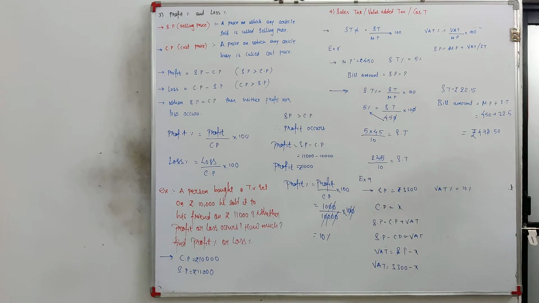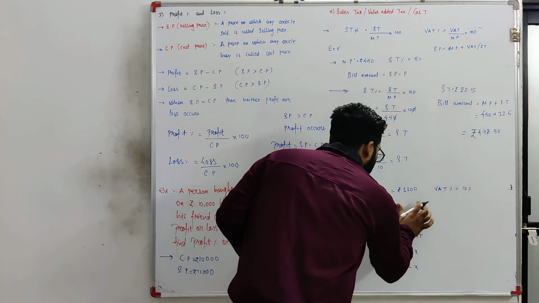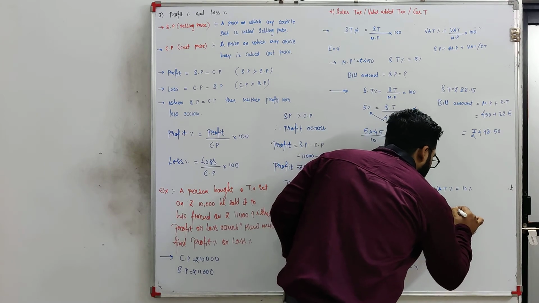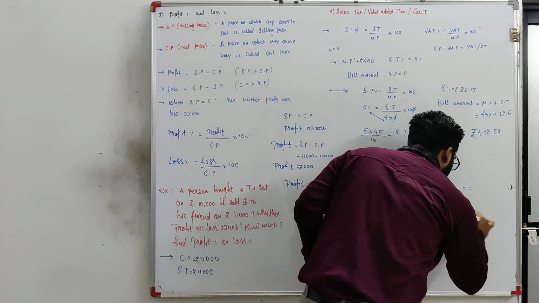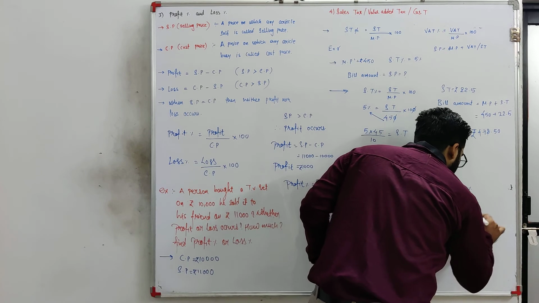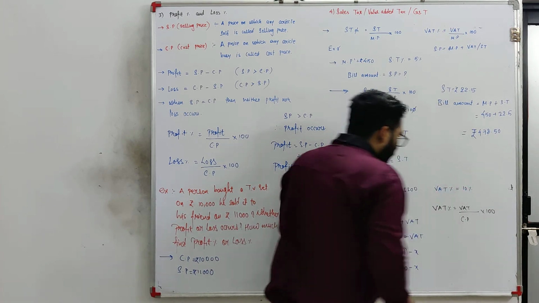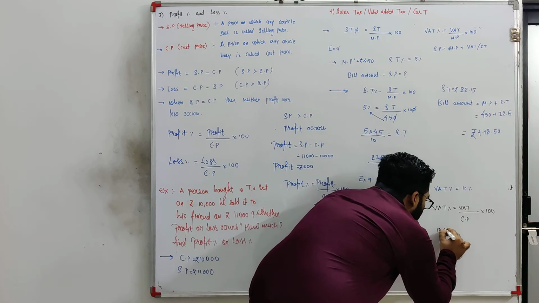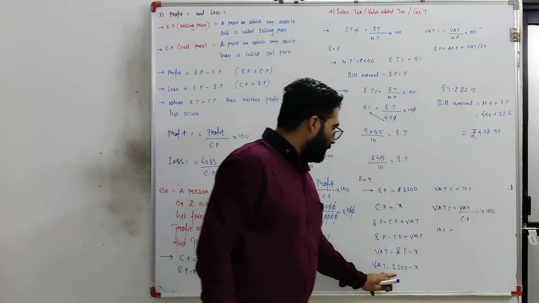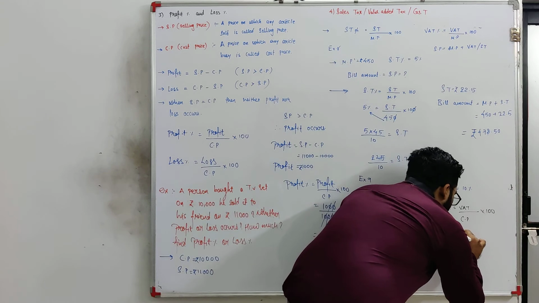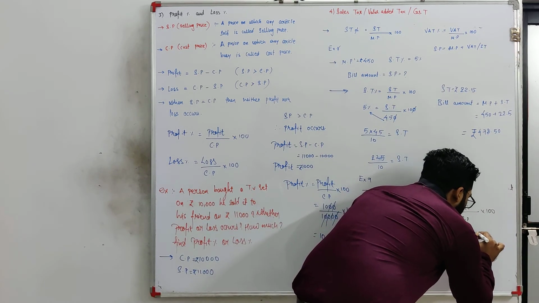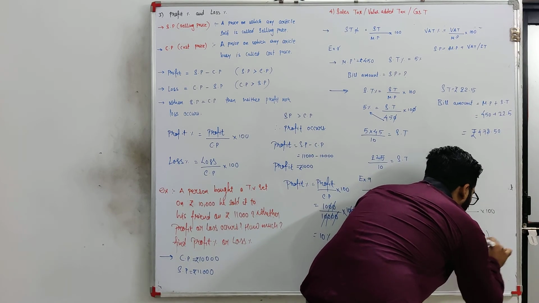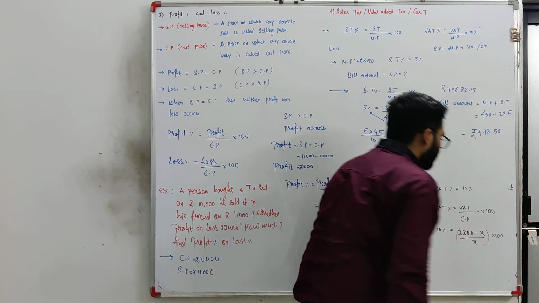To find the X, I am using the formula VAT percent is equal to VAT divided by cost price into 100. What is the VAT percent? 10%. What is the VAT? It is 3300 minus X. So 3300 minus X divided by X into 100.